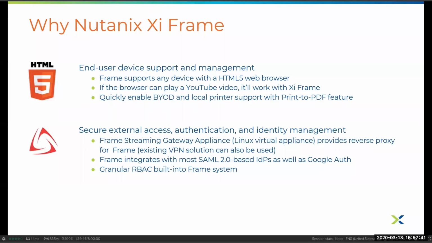So as long as you have that IDP provider, you can integrate it with Frame. And then we have really granular, role-based access control for your administrators. You can make them an account admin or an org admin or a full customer admin or a limited customer admin. So there are a lot of built-in configurations from a permissions perspective.